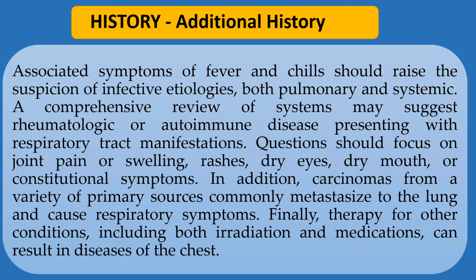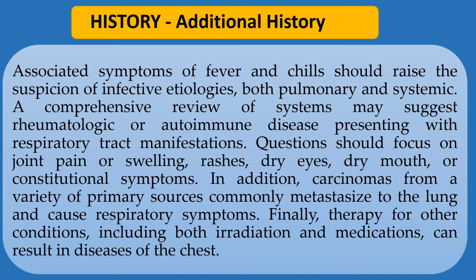Associated symptoms of fever and chills should raise the suspicion of infective etiologies, both pulmonary and systemic. A comprehensive review of systems may suggest rheumatologic or autoimmune disease presenting with respiratory tract manifestations.